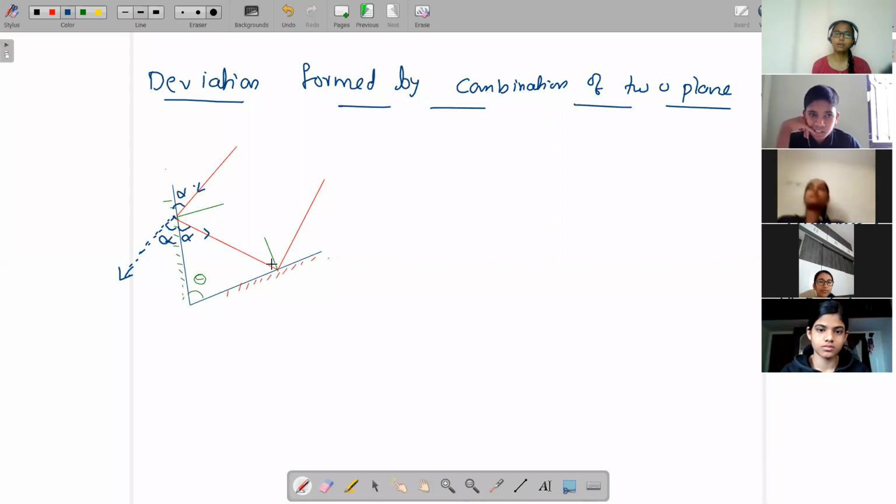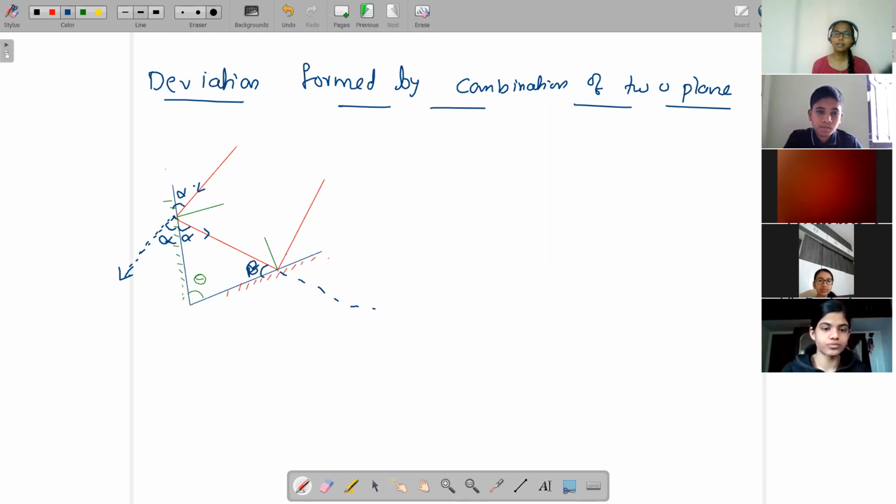So alpha plus alpha. Now let us take the ray incident on the second mirror. Because of the presence of the second mirror, instead of going in this path, it is deviated and goes like this. Let beta be the glancing angle for the second mirror. For the first mirror it is alpha, and for the second mirror the glancing angle is beta.